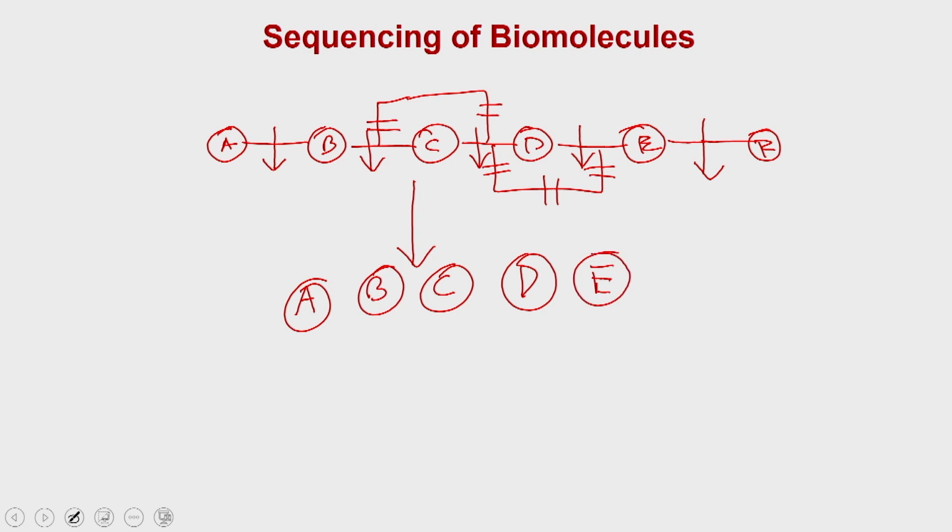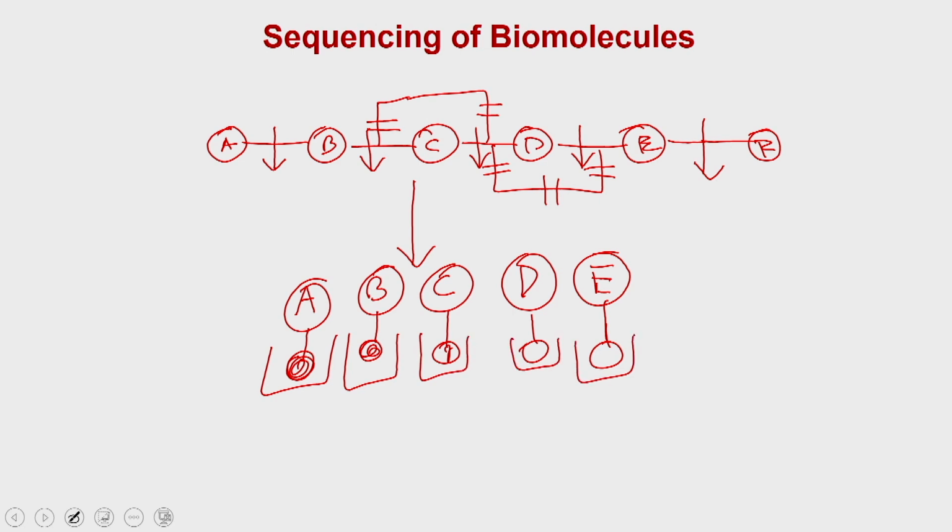You put in some reactive groups so that they react with A and form a complex, and also react with B, C, D and E. Then you isolate the individual modified A, B, C, D, and by using HPLC techniques you will be able to deduce the sequence.